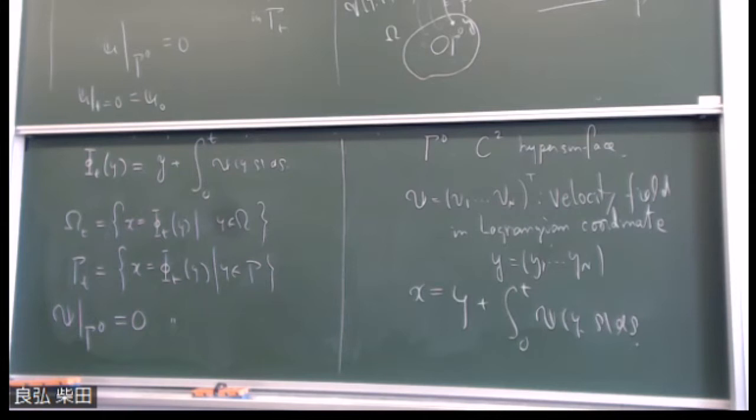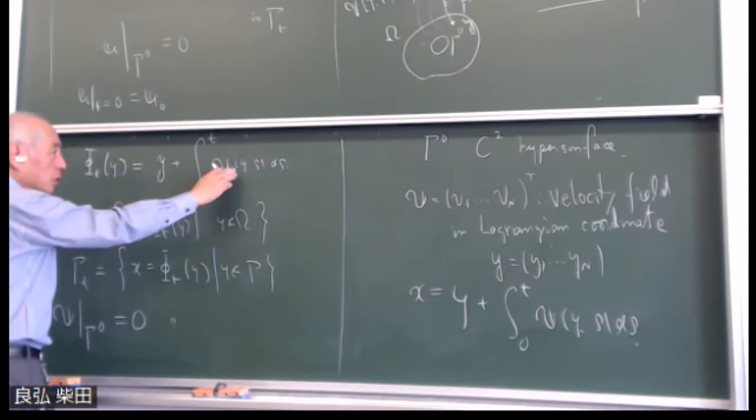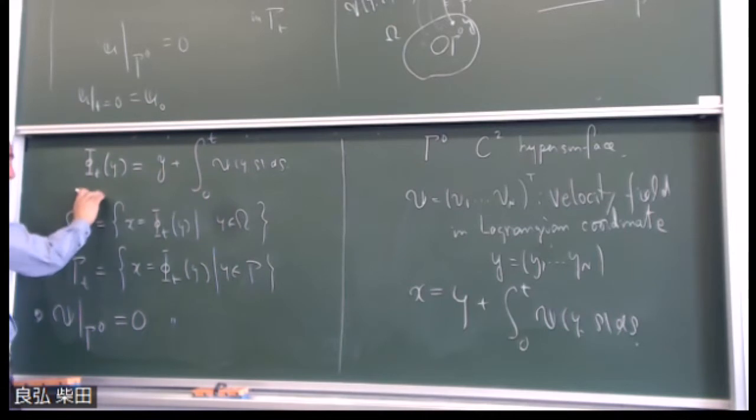But this is also an assumption: the Lagrangian velocity field vanishes on gamma 0. Then y on gamma 0 is always 0, so y equals x.